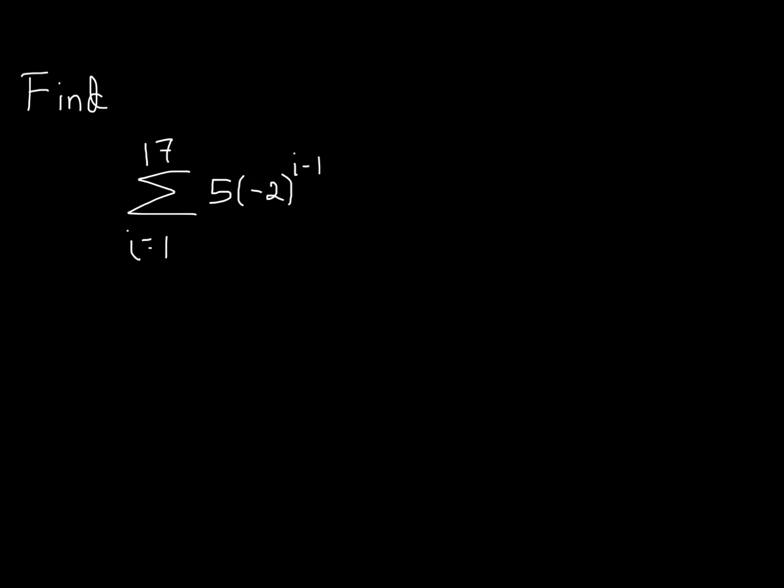Hopefully that went well. What you want to think about here is that this is another way of writing a partial sum. So this is really the partial sum when n is 17, because here is my initial value a sub 1, and here is my r value.